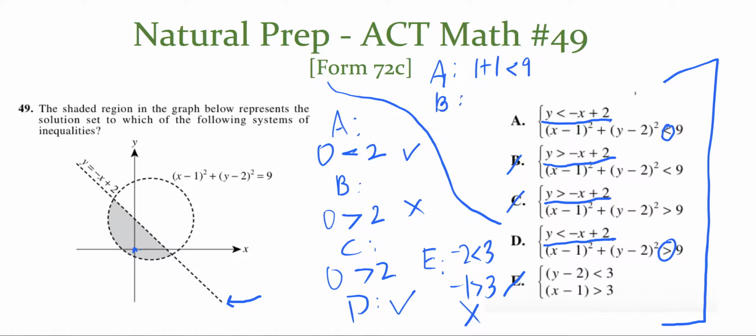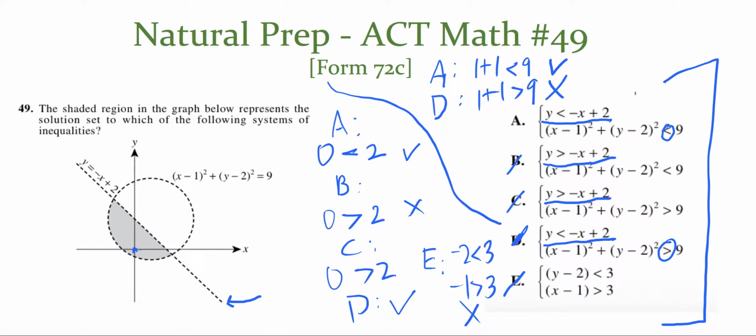And in B, if we plug in 0, 0, we have 1 plus 1 is greater than 9. Obviously, B is false, A is true. Or, whoops, not B, but D. And so D cannot be the answer.